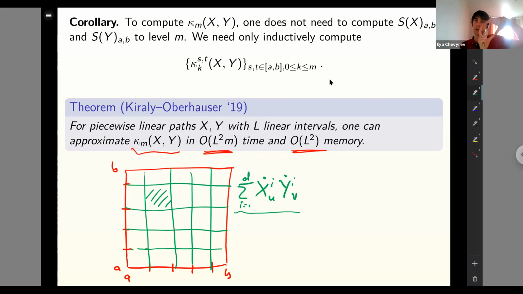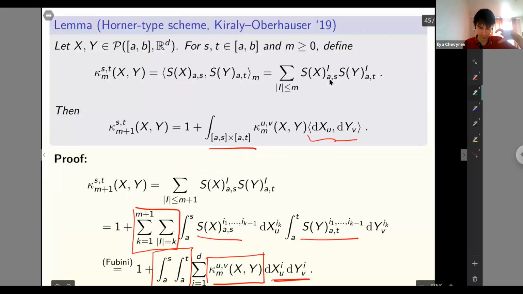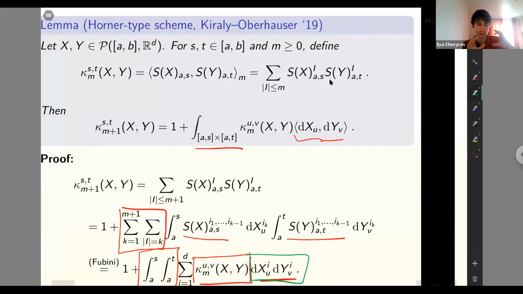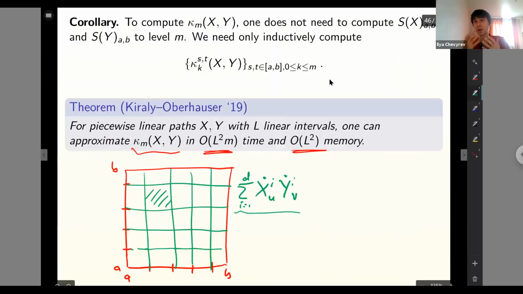So in each one of these blocks, this term that appeared in the previous recursion is constant. So in each one of these squares, the measure against which we're integrating is a constant with respect to the Lebesgue measure.